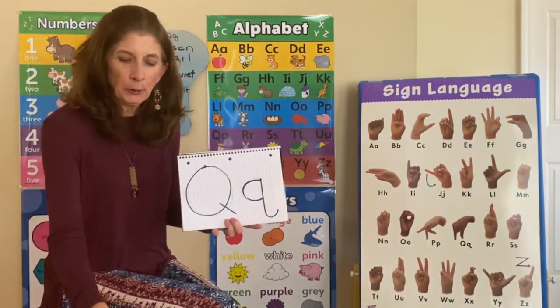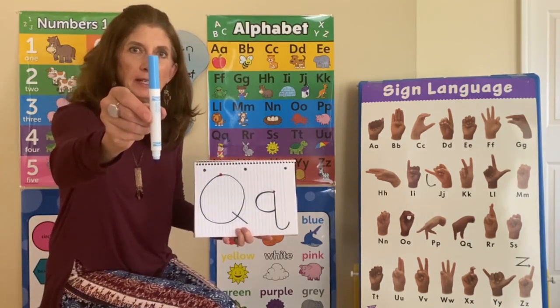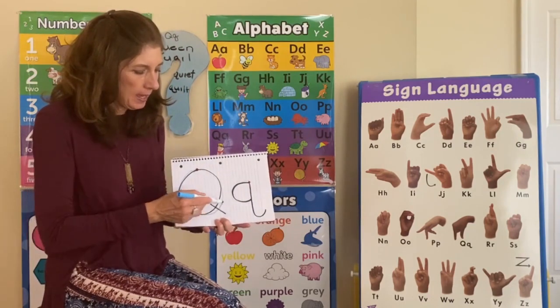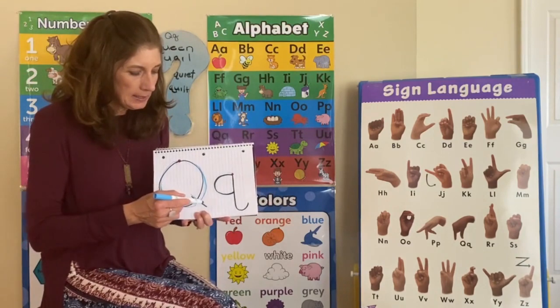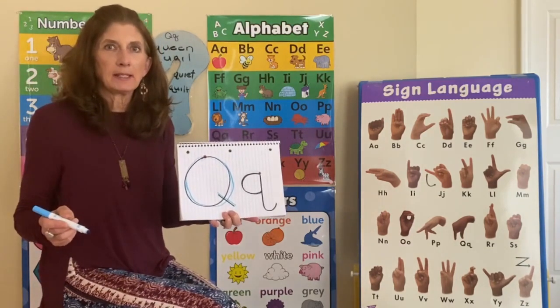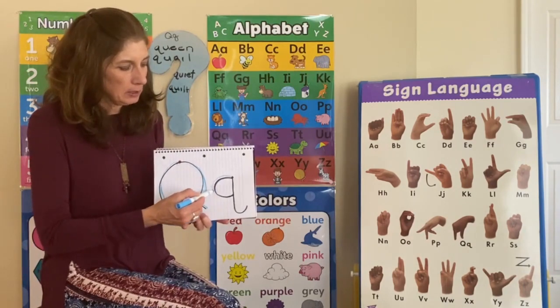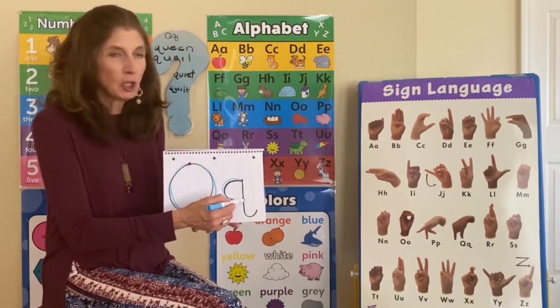That's the letter Q. Do you know what this color is? It's a light blue. We're going to start at the dot. We're going to go around and make a big circle. And then we're going to make a little line sticking out. That makes it look like a Q. Then we go to the red dot and we make just a small little curve.